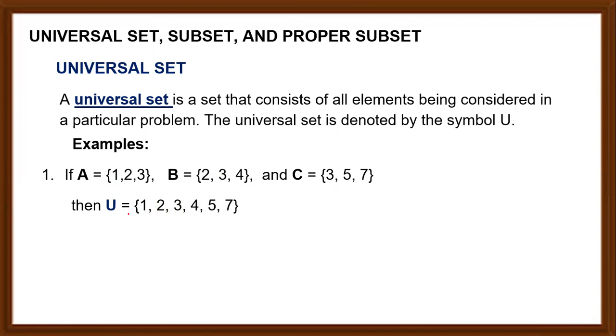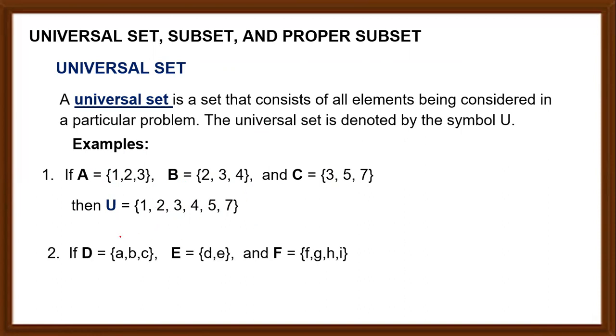Okay, ano yung ginawa ko? Remember, inilista ko lang or pinagsama ko lang lahat yung elements na nasa set A, set B, set C. But make sure hindi pwedeng maulit. Remember, distinct elements dapat. Yun ang ibig sabihin ng universal set. That is, it consists of all elements.